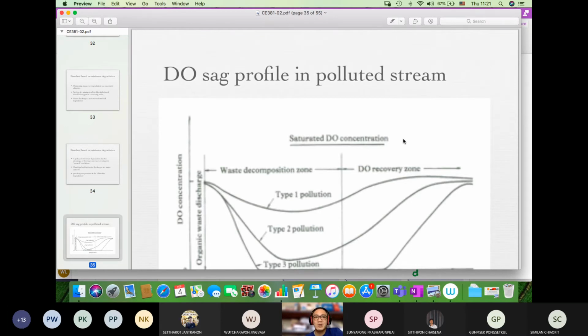best practice from the theoretical point of view, but in reality, minimum degradation cannot be implemented, because a stream is not a single stream; there are connections from one stream, two streams, and many other streams joined together.